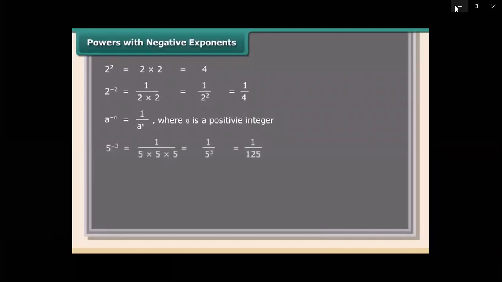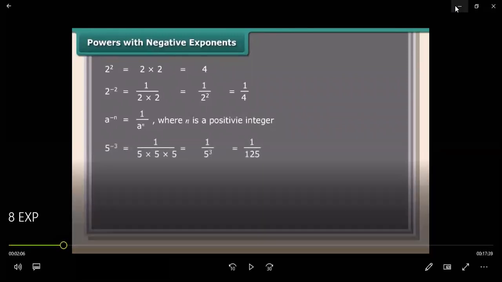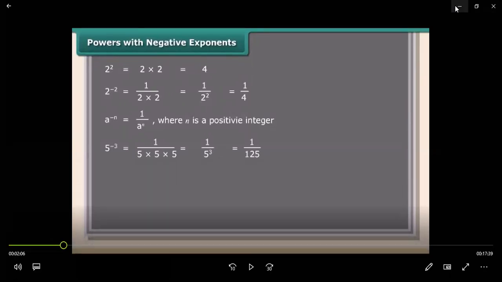Similarly, in general form, if any base has a power with a negative exponent, for example a raised to the power negative n, then that power will become positive when it comes in the denominator. So a raised to the power negative n can be written as 1 upon a raised to the power n, where n is a positive integer.